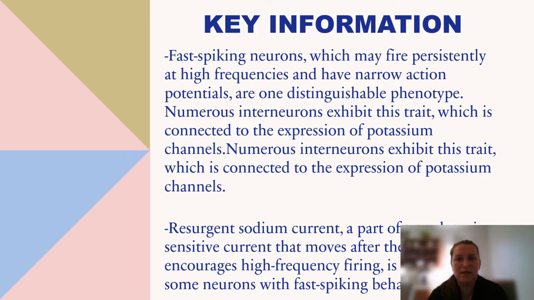This phenotype is typical of many interneurons and is associated with the expression of the Kv3 family of potassium channels. Some neurons with fast spiking behavior express resurgent sodium current, a component of tetrodotoxin-sensitive current that flows after the spike and promotes high frequency firing.